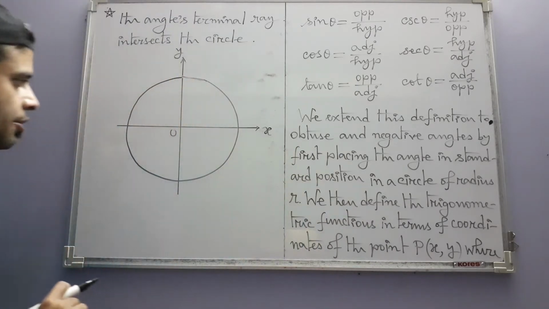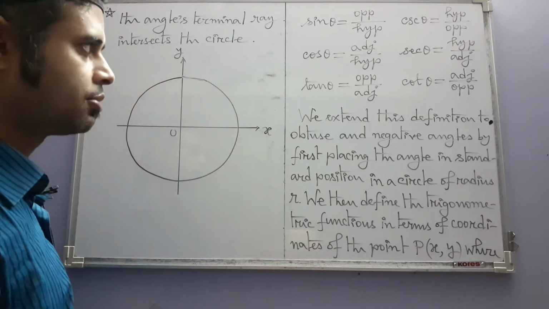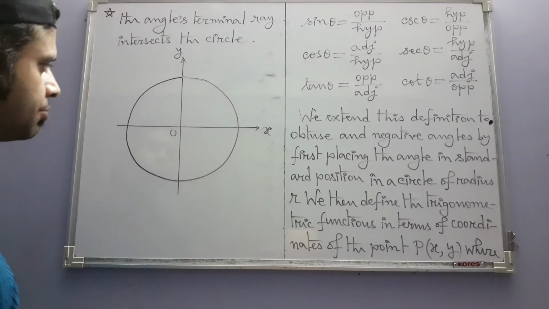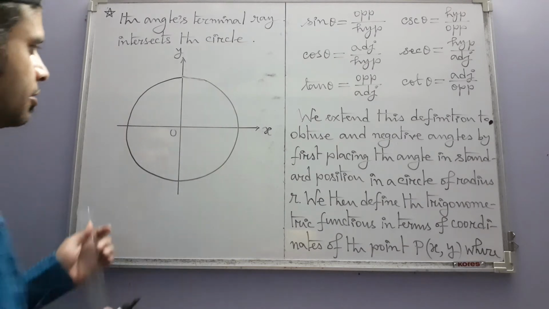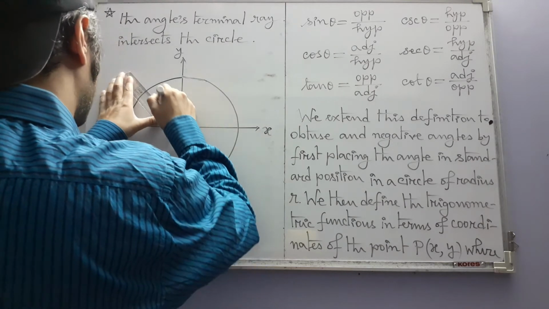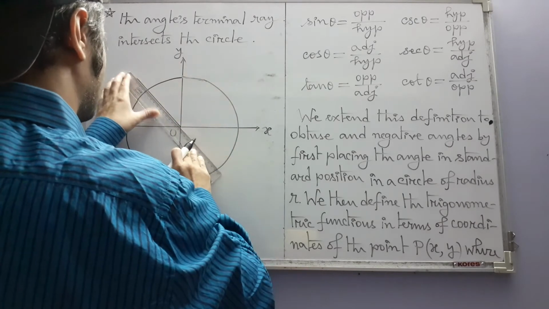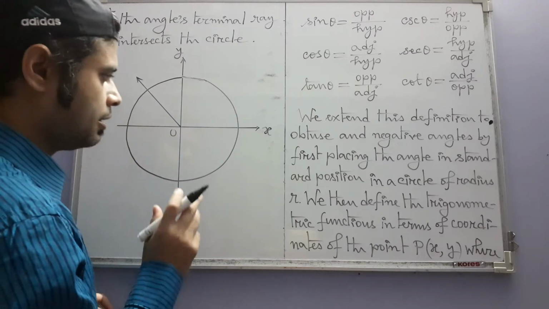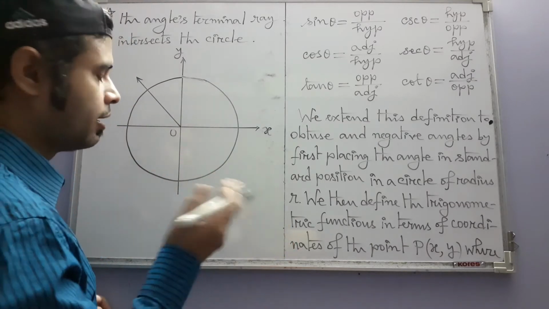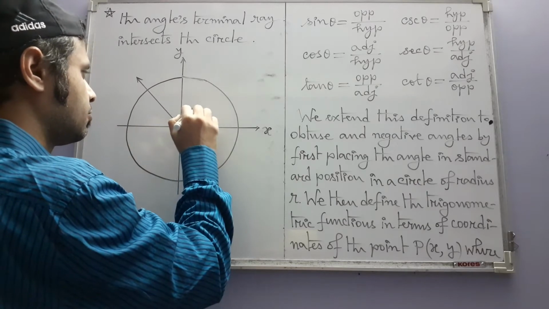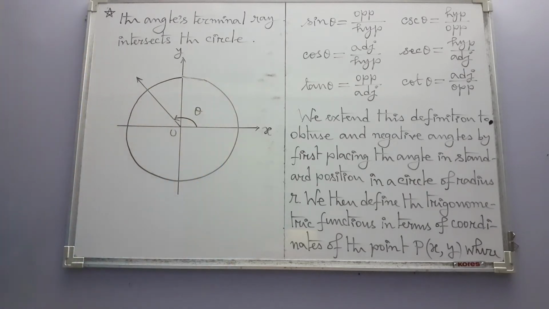Okay, so now what we are saying is that we extend this definition to obtuse and negative angles by first placing our angle in standard position. Because we are talking about an extension, let us actually take an obtuse angle and put it in standard position in this way. So in standard position, what is the angle? The angle is this angle, theta radians.